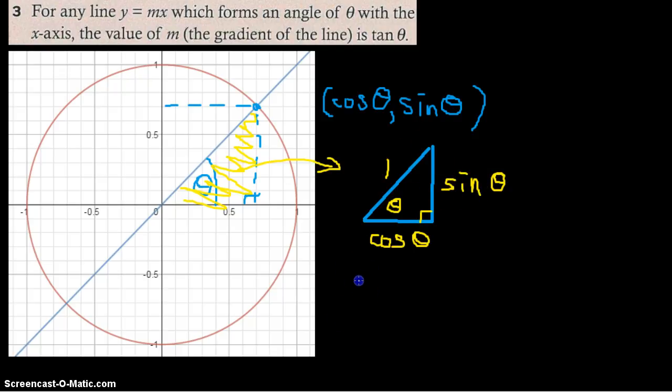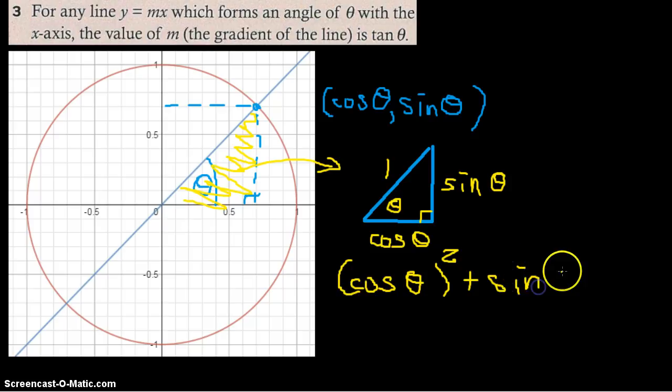So I can just apply the Pythagorean theorem. I will have cosine theta squared plus sine theta squared is equal to 1.